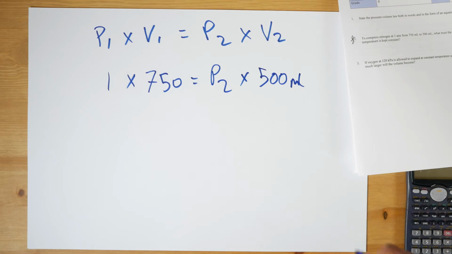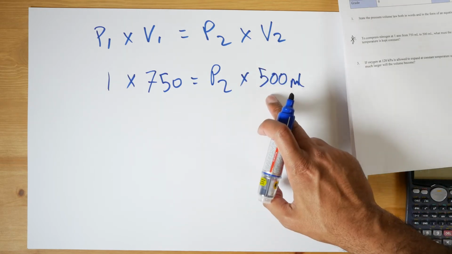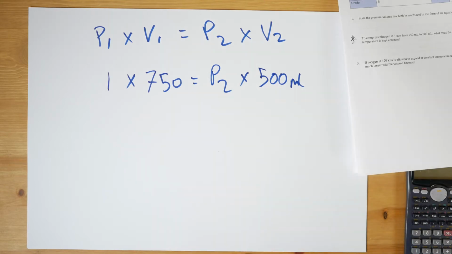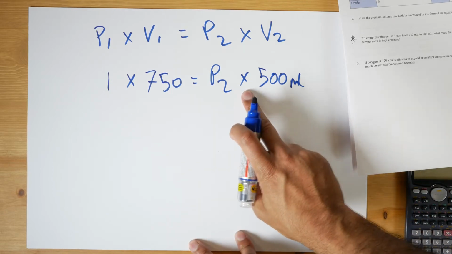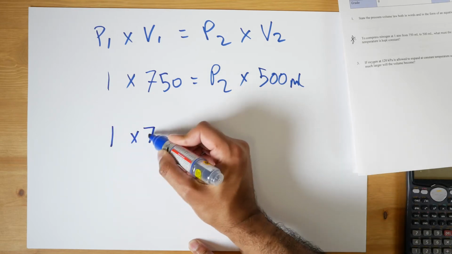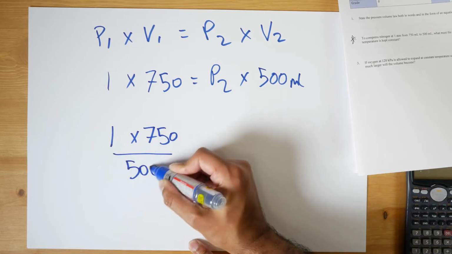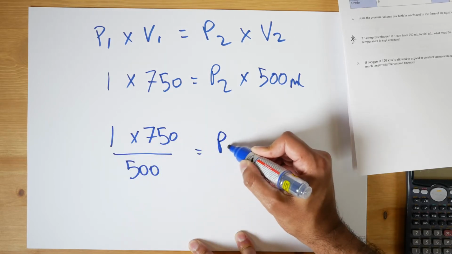The next thing we've got to do is get that times 500 and put it over there. When you take things over the other side of the equal sign, they become the opposite. So instead of times 500, it becomes divide 500. You end up like this: 1 times 750 divided by 500 is equal to P2.